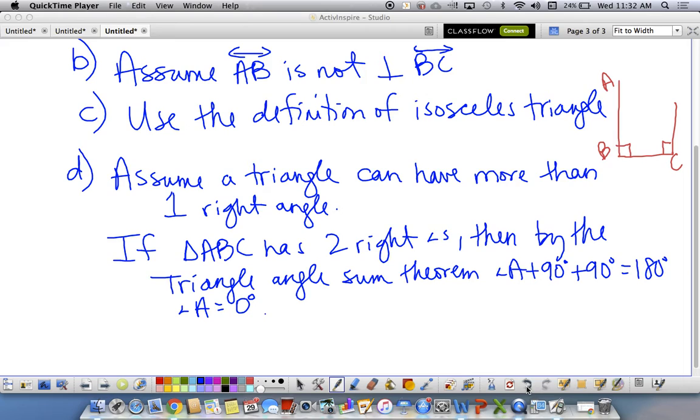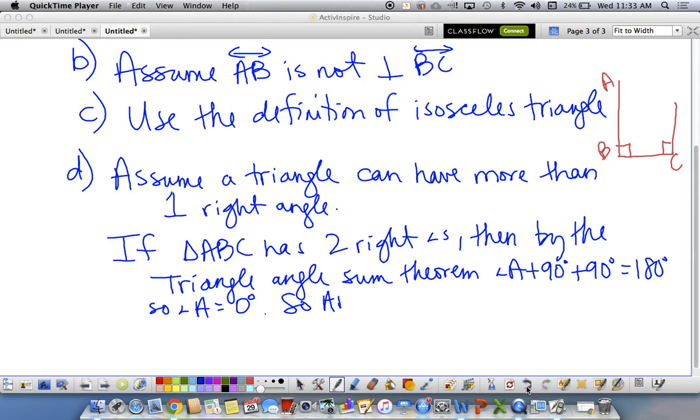By the triangle angle sum theorem, we know this has to be true. So, angle A would equal 0 degrees. Which, we already said that doesn't make a triangle. So does this contradict what we just said? Okay, maybe I need another one.